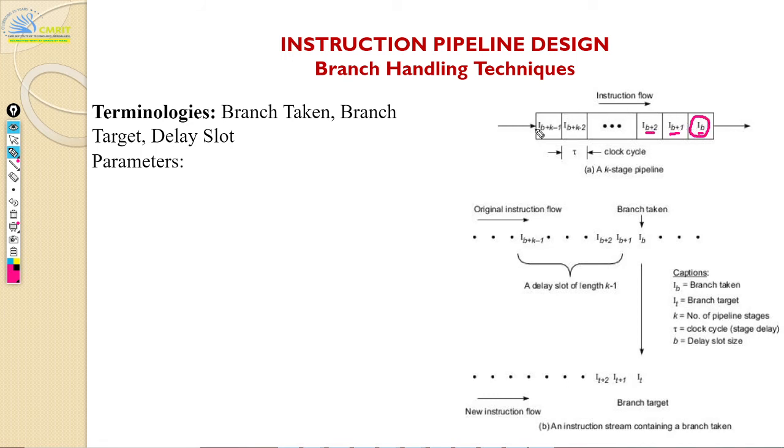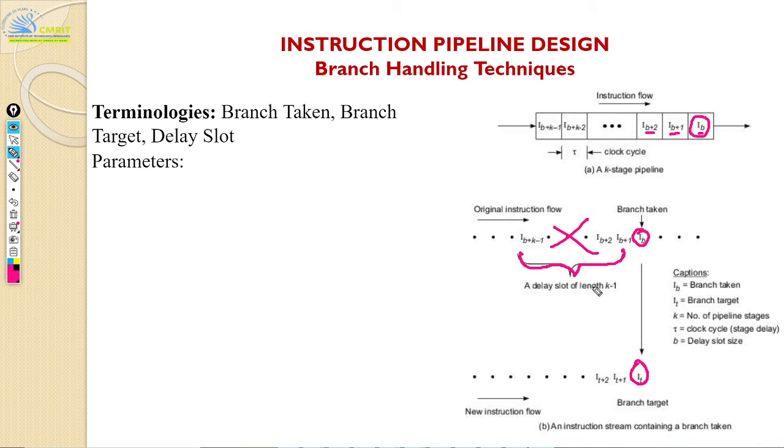Let us say you have the branch taken at this point. But by the time you calculate whether I'm branching or not, all these instructions are already in my pipeline. They have to be cancelled, so these have to be flushed.